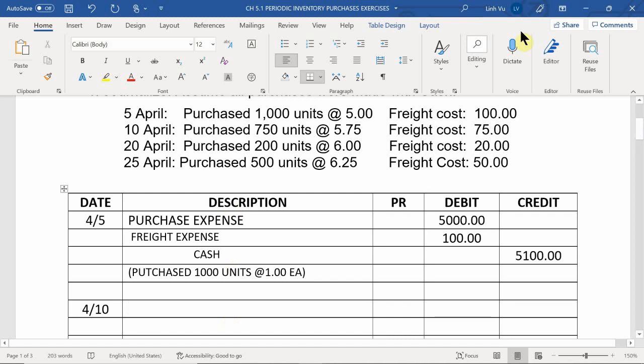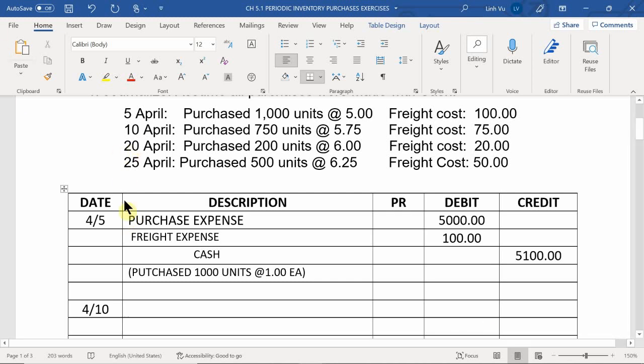So that would be a purchase expense of $4,312 and 5 cents. Oh no, is that right? Okay, so it's not 5 cents, it's 50 cents. Oh, 50 cents. Yeah, my bad. Okay, so again, $4,312.50 is going to go into the purchase expense.